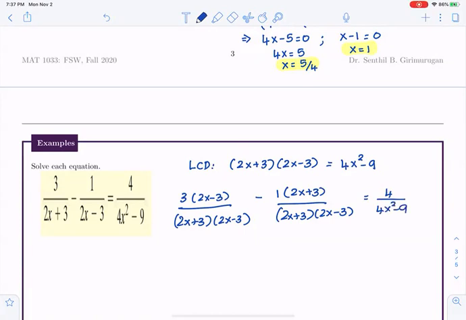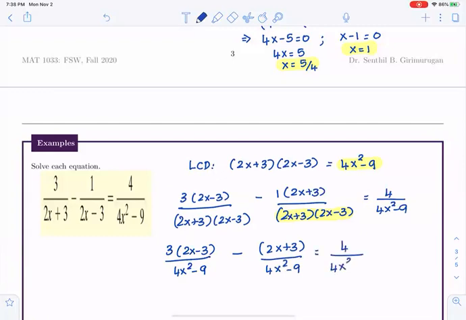I have a common denominator, and that common denominator is simply 4x squared minus 9. So 3 times 2x minus 3 divided by 4x squared minus 9 minus 2x plus 3 divided by 4x squared minus 9 equals 4 over 4x squared minus 9.